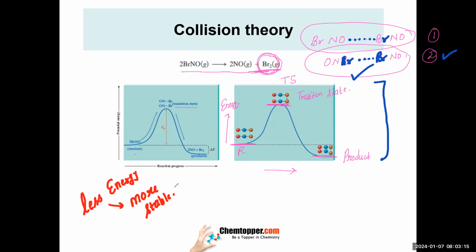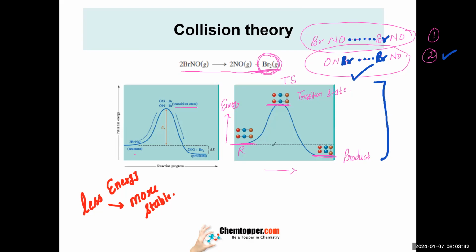More attraction means less energy. Less energy means more stable. Check notes of unit that periodicity is written on the top of that document. If the molecules are more attracted, it means they are more stable. More stable means they have less energy. More attraction, less energy, more stable.